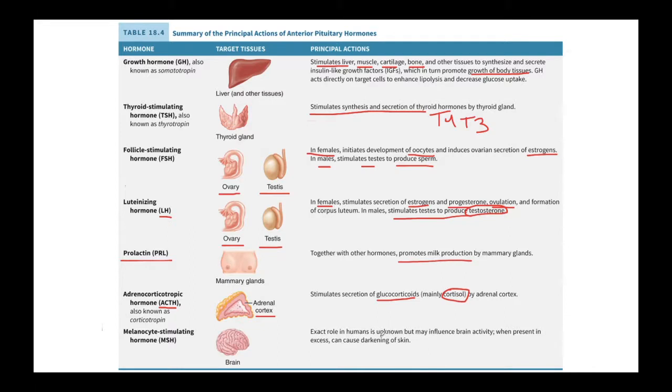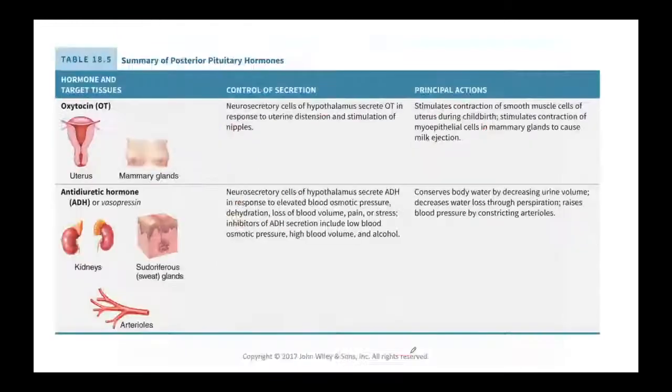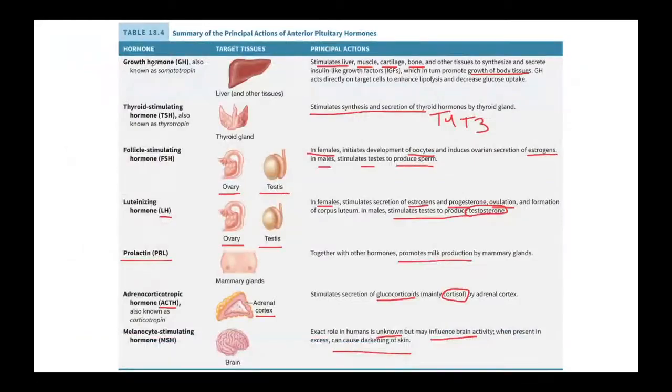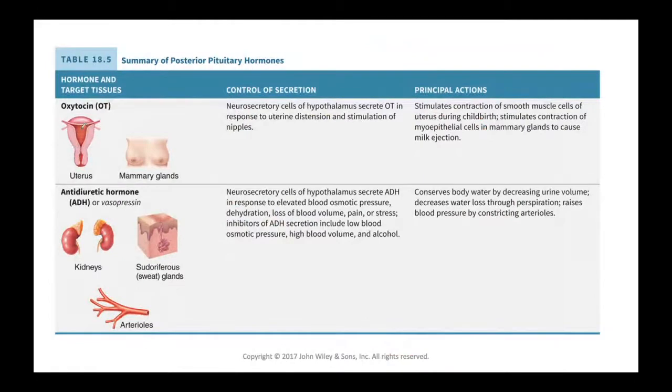They don't know exactly, it says the exact role is still somewhat unknown, but it's going to have some influence over the brain activity, and it can cause some darkening of the skin, right? So these were all your anterior pituitary hormones.